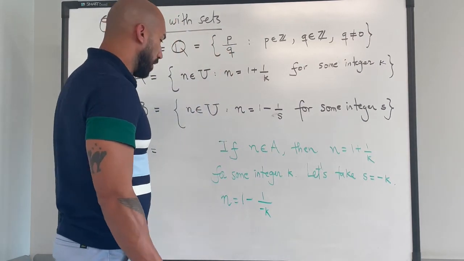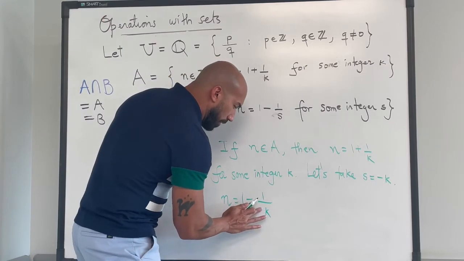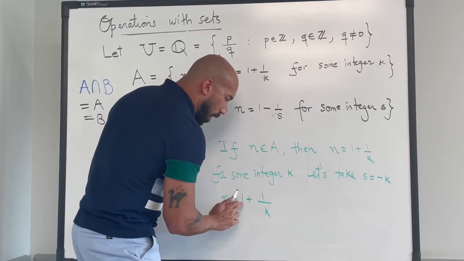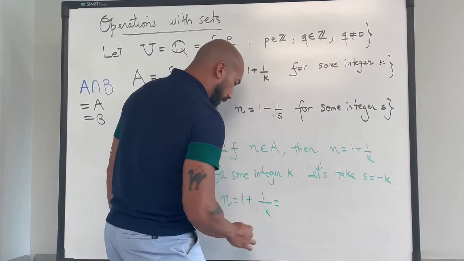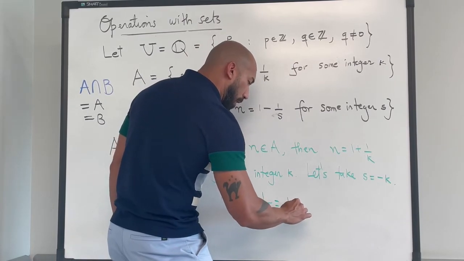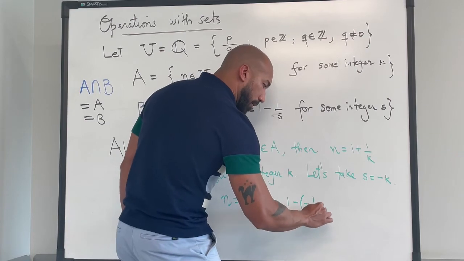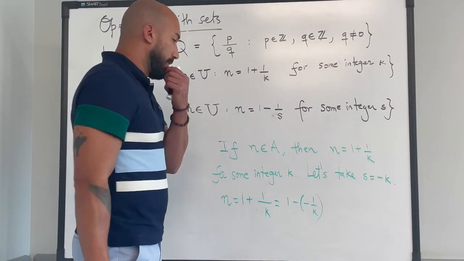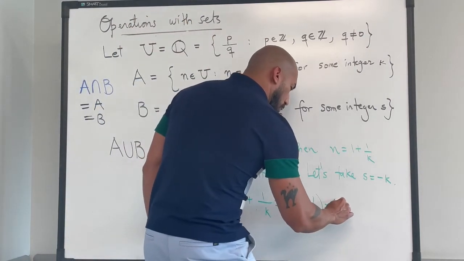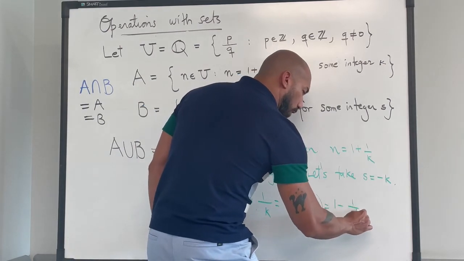Is that good? Let me do it this way. 1 plus 1 over k is the same as 1 minus 1 over minus k.